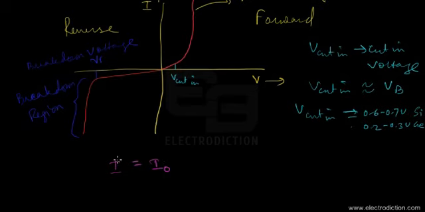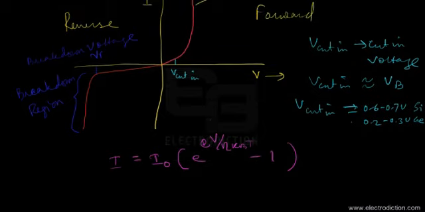Here I represents the instantaneous current through a diode, while I0 represents the reverse saturation current through the diode.